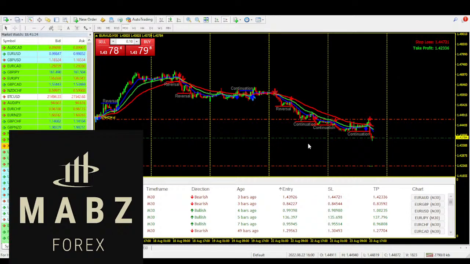Sometimes you have very big, unusual movements in the market. That's because of the possible fundamentals happening in that particular market. So it's very important to know when those big news events are going to happen so that you can be prepared.